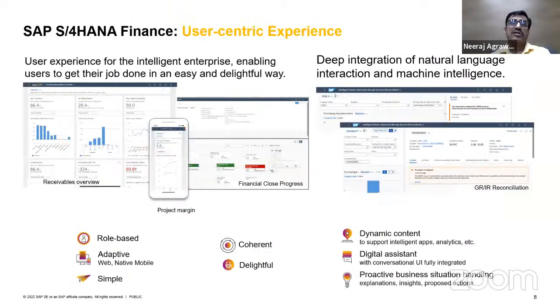So moving further, the next part is the user-centric experience. In today's world, it's not like before, where we only used a desktop at the office and did things with hardware-centric tools. Now things are moving to web-based and mobile-based, and things are more dynamic.